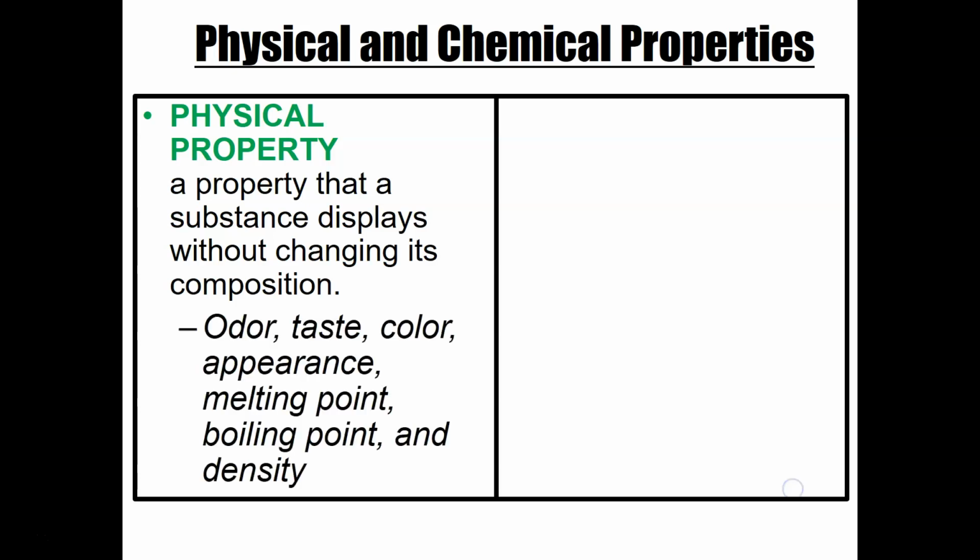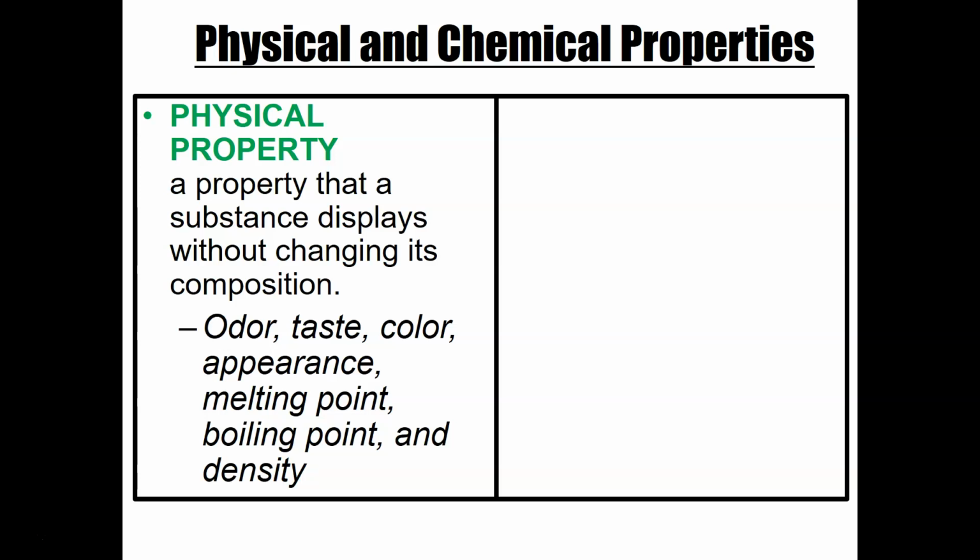So things like the odor, the taste, the color, the appearance, melting point, boiling point, and density. These are all things that I can test or measure or observe without causing an actual reaction to occur and without changing the chemical formula that I have.